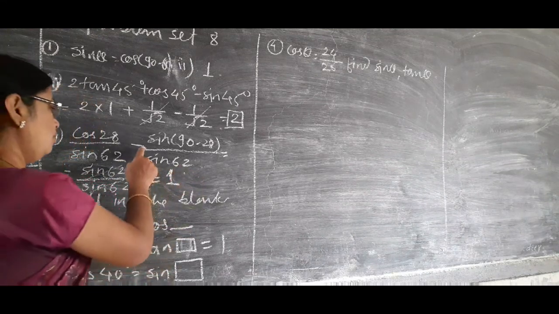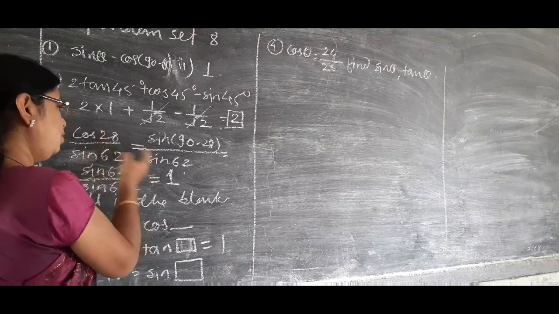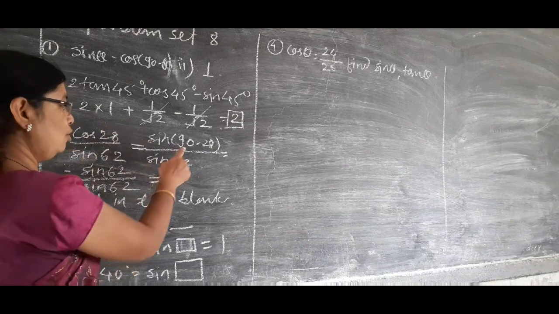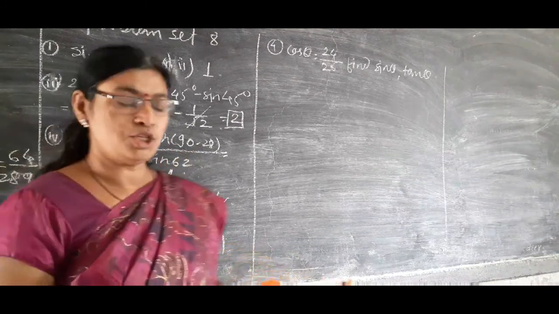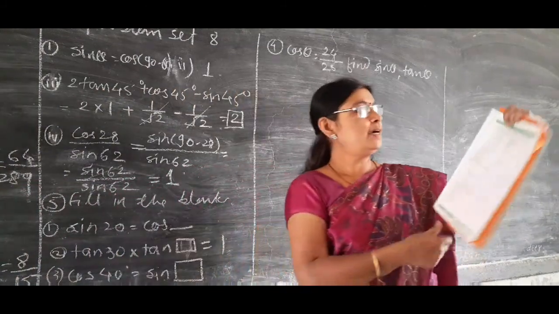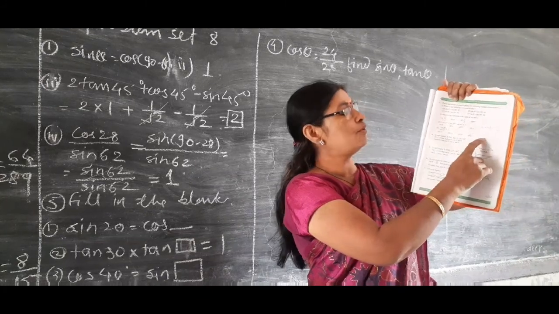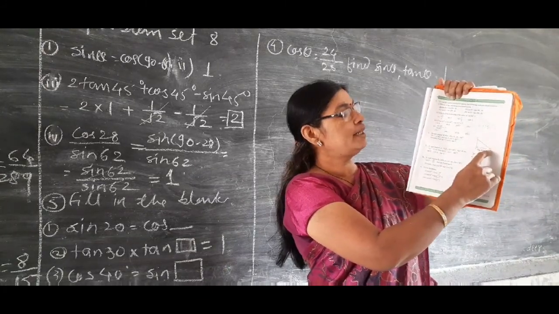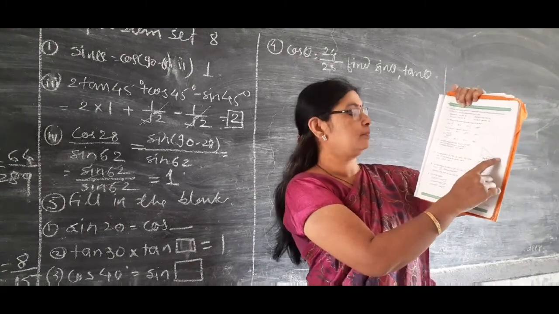So students, always remember, here you have to convert any one. Convert sin to cos or cos to sin. You have to subtract from 90 and then find out the answer. Now see question number 2. In right angle triangle TSU, you have to find out the trigonometric ratios of T and of U. Sin cos tan, here also sin cos tan.